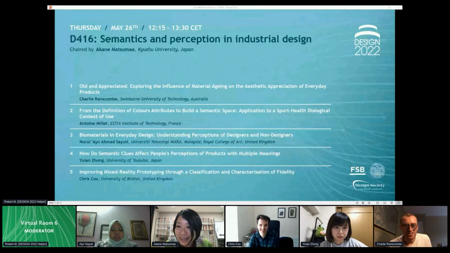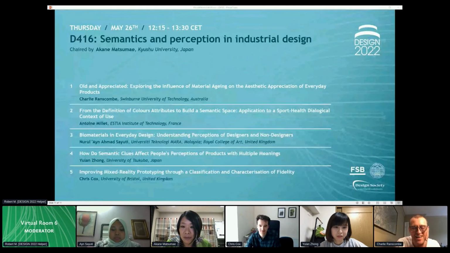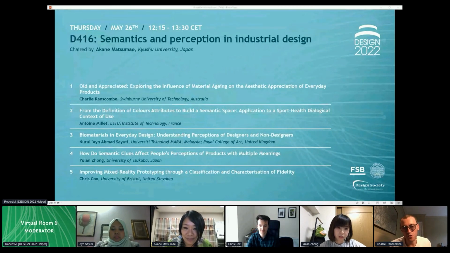Sure. Yeah, I realised it was quite a long one in the chat. So I had a quick look through your paper, and in Figure 4, which I think you showed in the presentation as well, you talk about assessing the effects of fidelity. I've done some studies talking to designers about how they deal with fidelity and prototyping, and they tend to be good at it, but the answer is always, it depends.